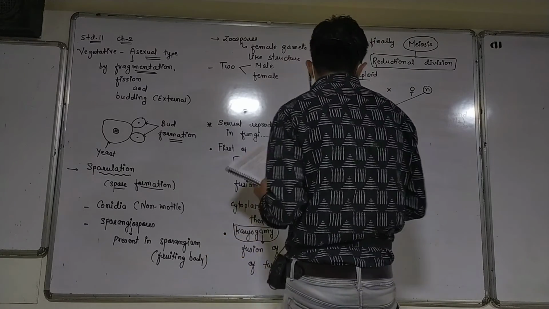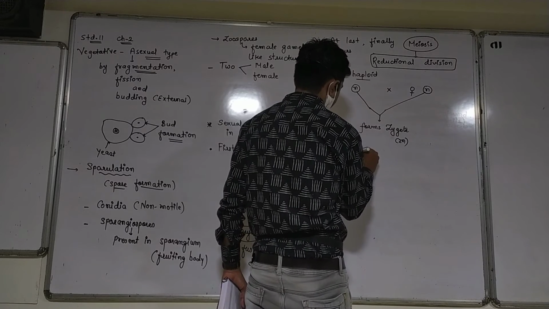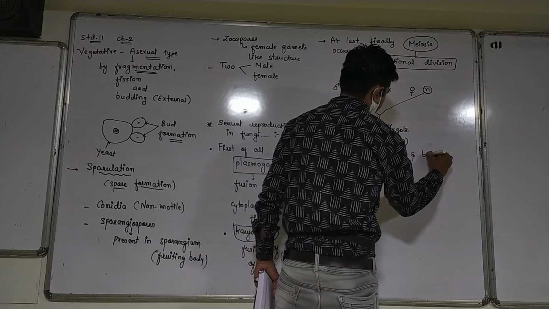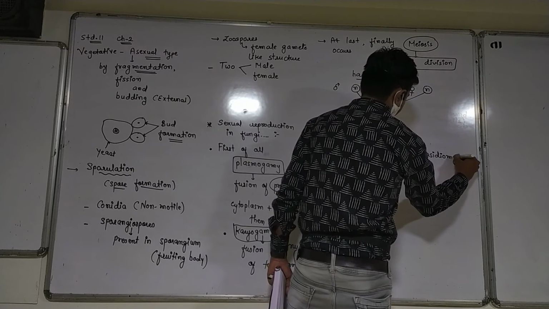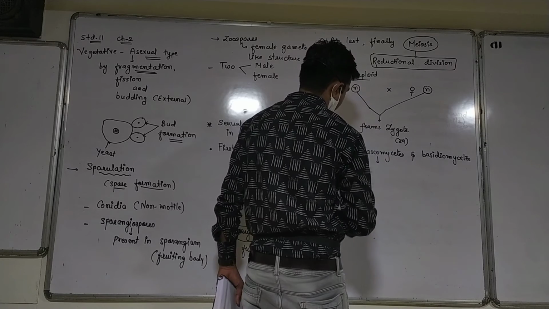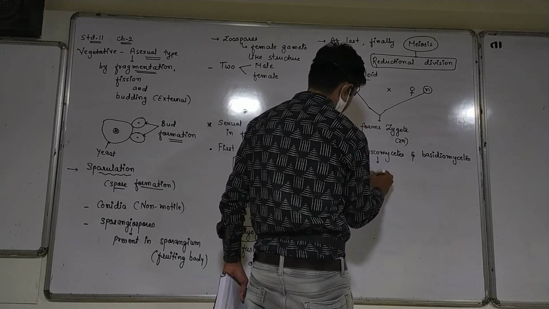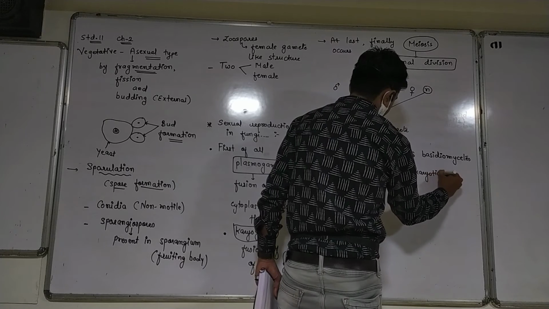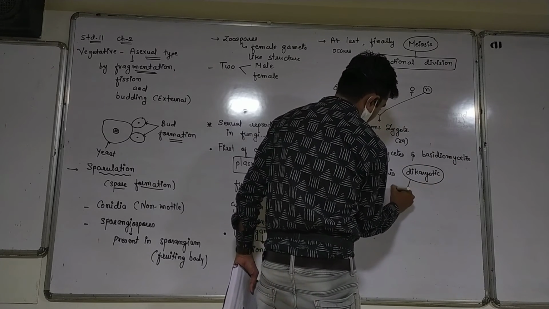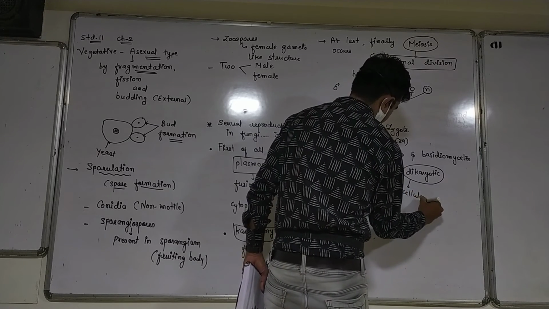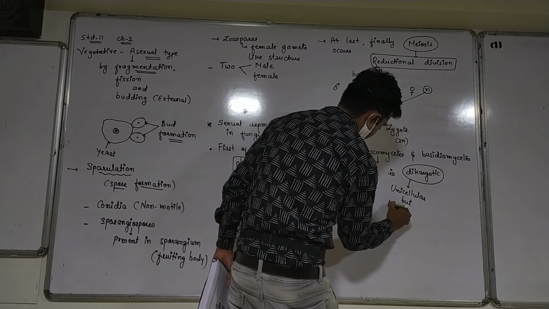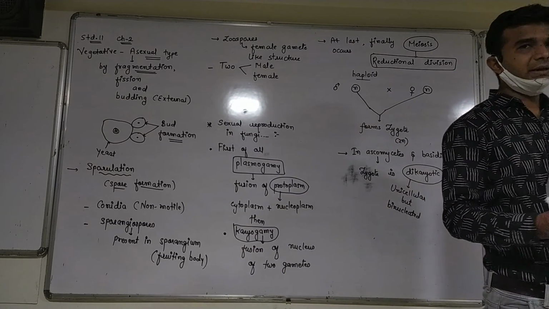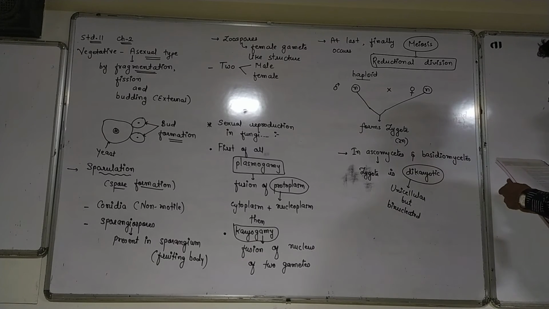So dikaryotic stage means, in Ascomycetes and Basidiomycetes, the zygote is dikaryotic.